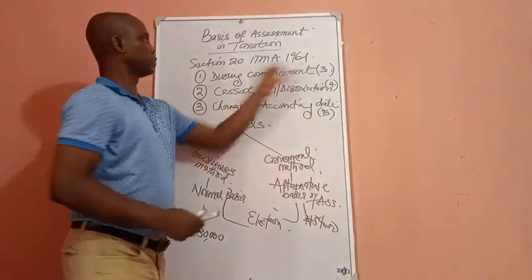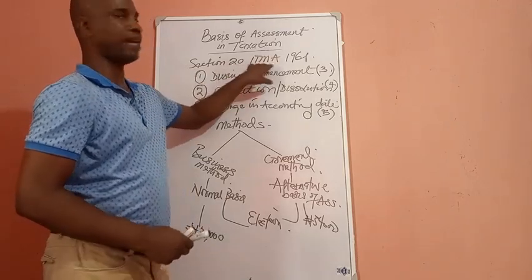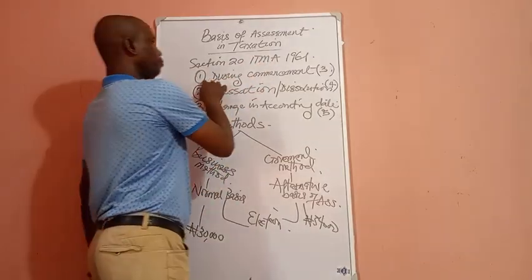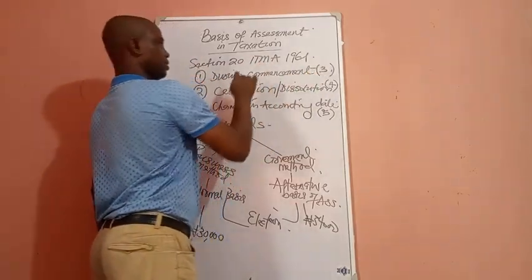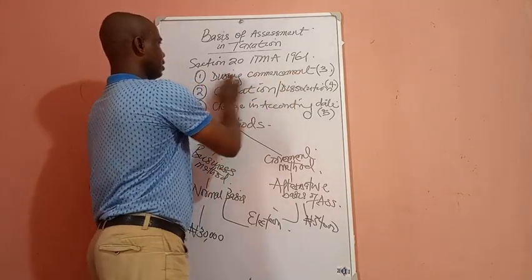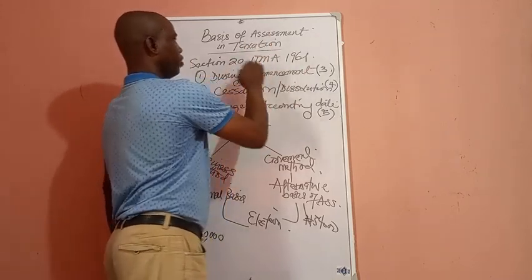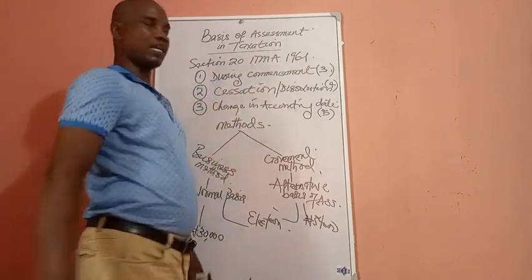It is in this subsection 3 that the rules and regulations were established by government on how new businesses should be taxed, commencement. That is in section 20, subsection 3 of Income Tax Management Act 1961.